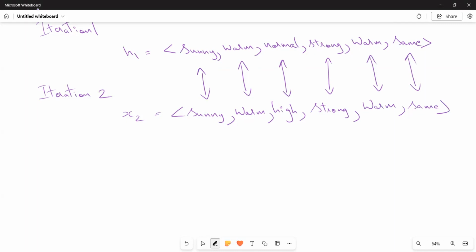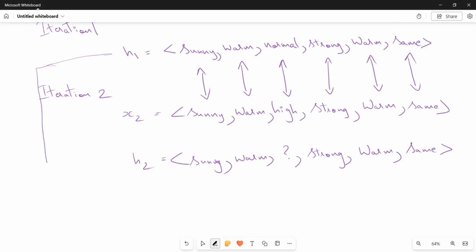After this comparison, you get your H2, where sunny and sunny gives you sunny, warm and warm gives you warm. Normal and high are different attributes, which gives you a question mark, and strong gives you strong, again warm and warm gives you warm, and same attributes reflect the same attribute. So now you've completed your hypothesis 1 and your hypothesis 2.